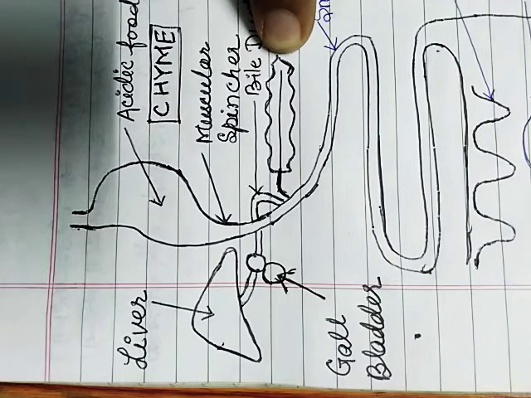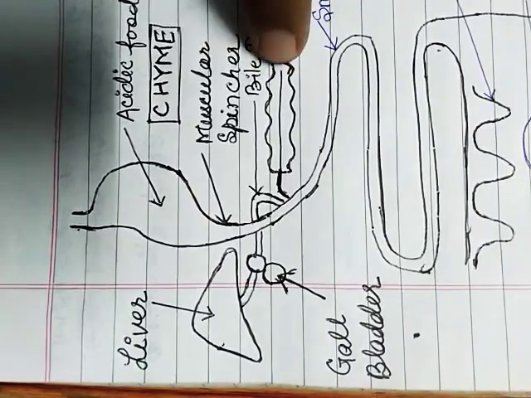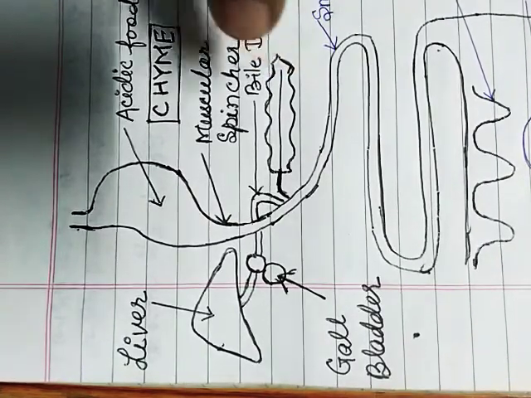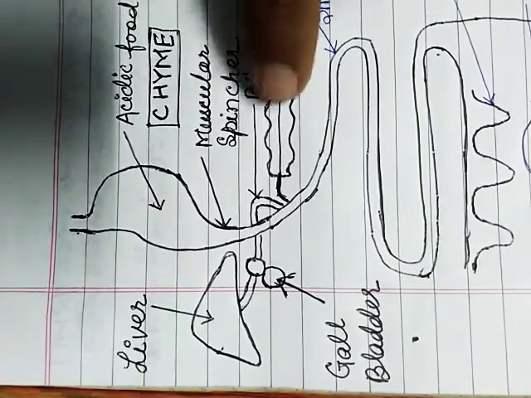So as far as we have gone through, I'm again repeating that starch is digested into maltose by amylase, fat is digested into monoglycerides and fatty acids by lipase, and protein is digested into amino acids by trypsin. So this major digestive function is done by the pancreas.